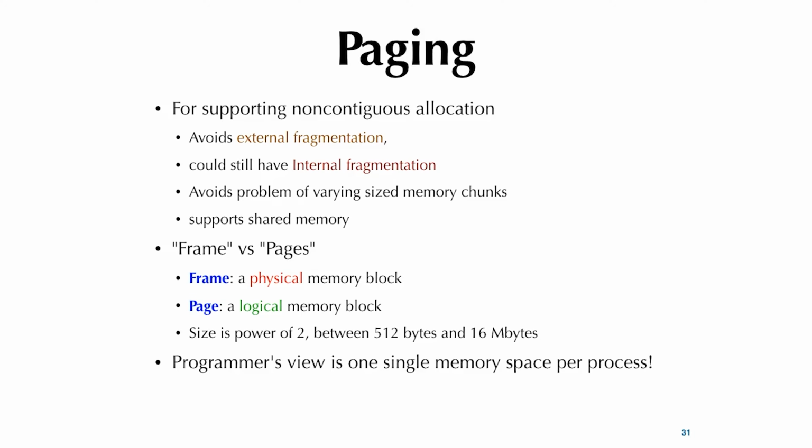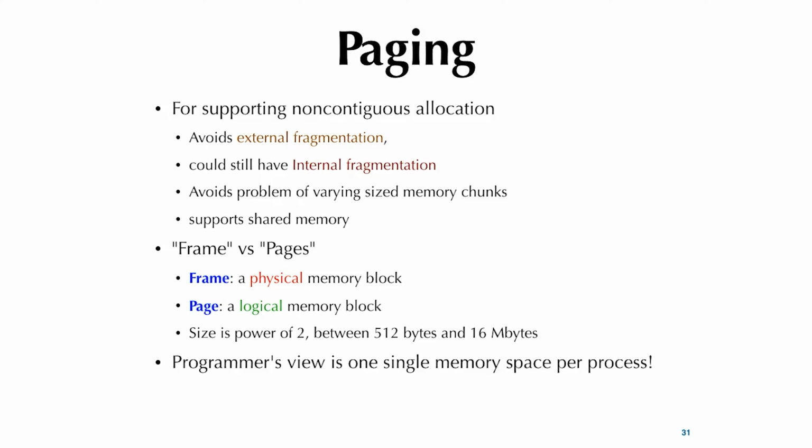But it gives you more flexibility in how memory can be allocated, because physical memory doesn't have to be contiguous. Only your logical memory thinks it's contiguous, but depending on which page you're on, pages can map to different physical frames.